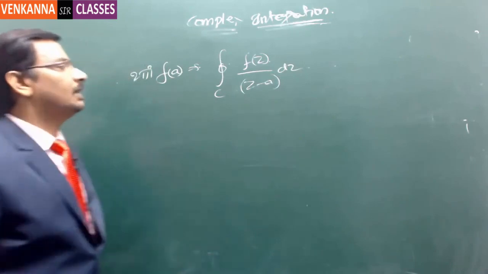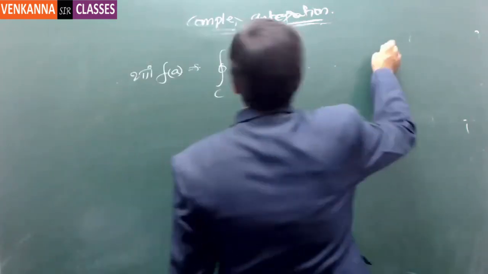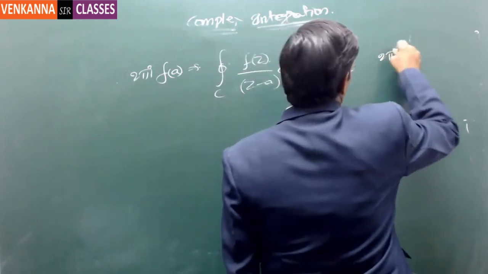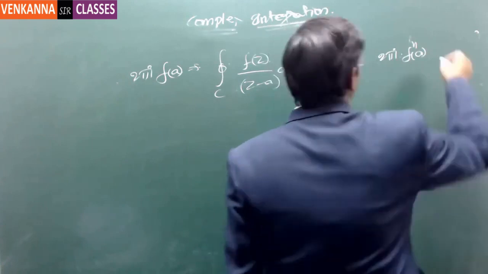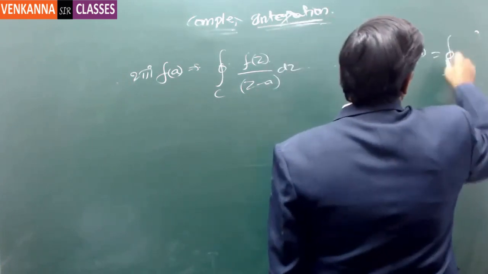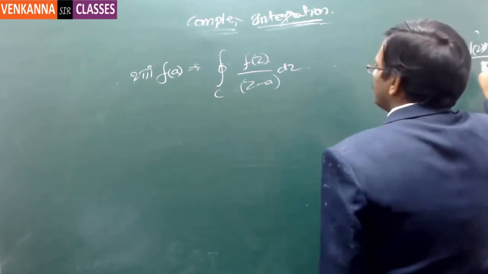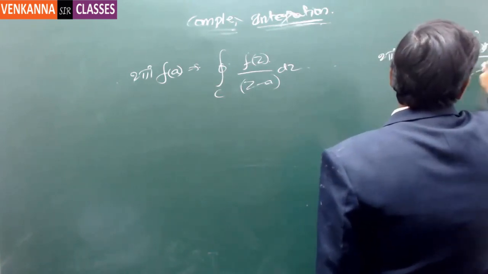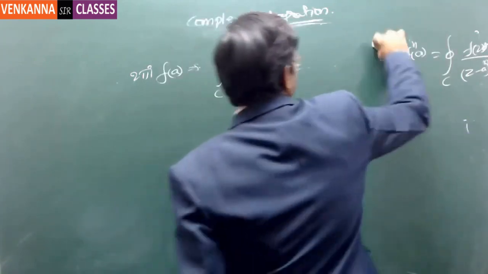Now, earlier we solved the formula for this, and this is what we found: 2 pi i times the nth derivative of f, with the value a substituted, is equal to the integral over the contour C of f of z dz divided by (z minus a) whole power n plus 1. This is what we found, and this formula is correct.